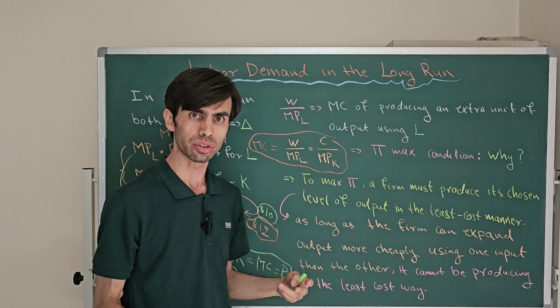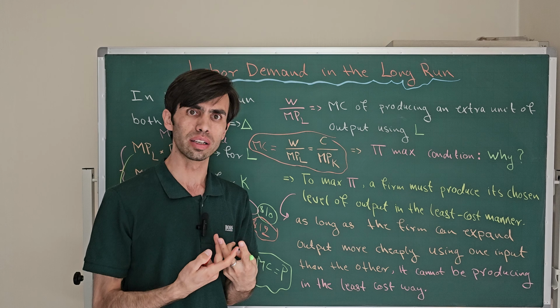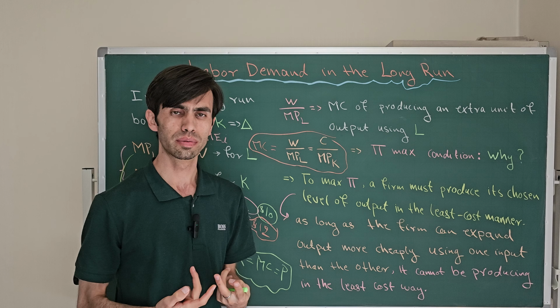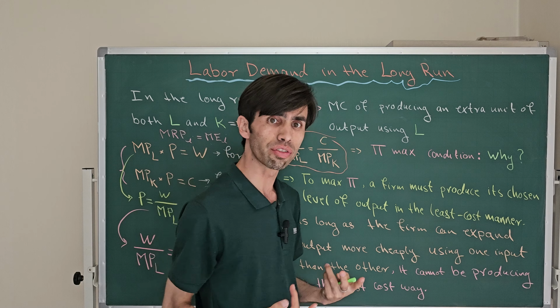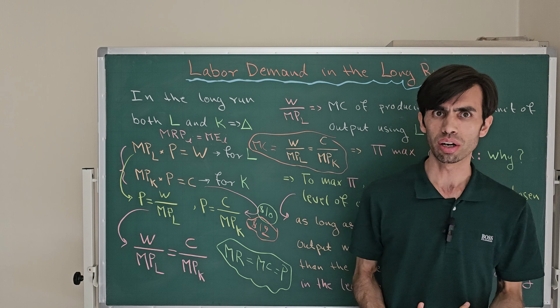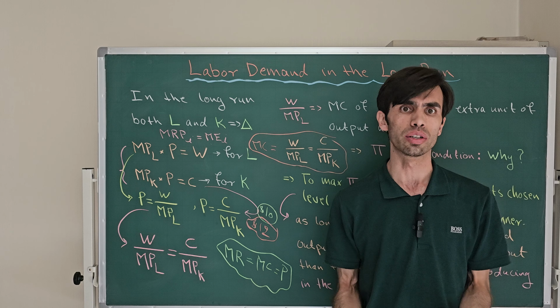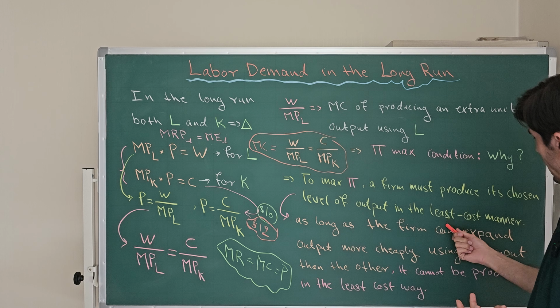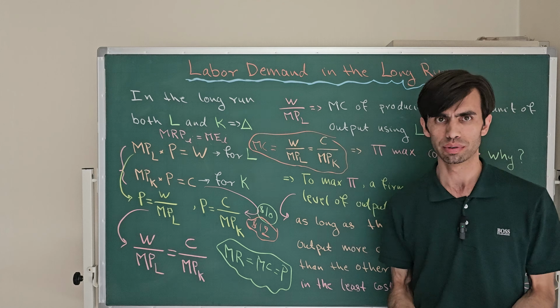These two marginal costs should be equal in order to minimize your costs, because one of the conditions for maximizing your profit in the long run is to minimize your costs, so that you can produce your output in the least cost manner.